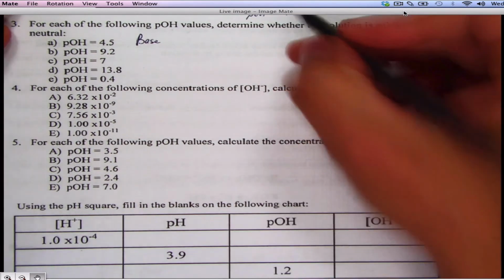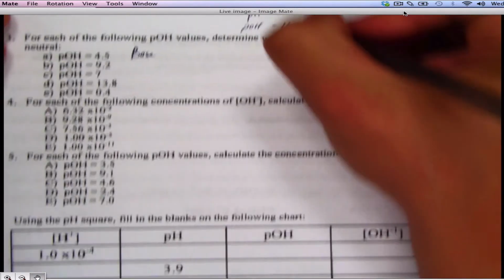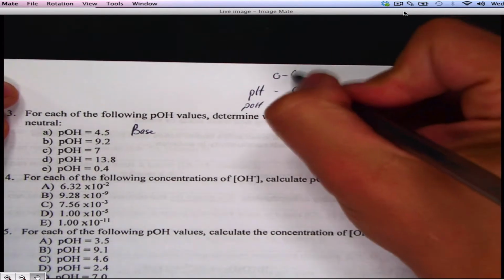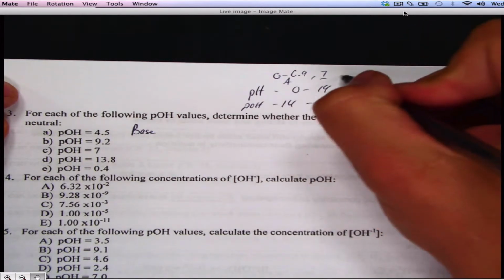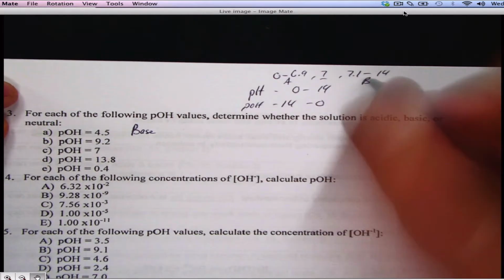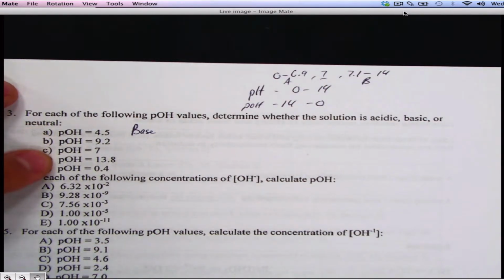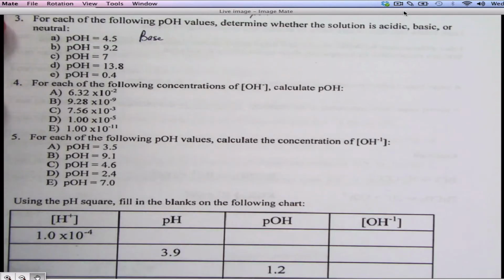Okay, because remember, our base on the pH scale, from 0 to 6.9, that's my acid, 7's neutral, 7.1 to 14 is my base. So change these to pH, and then you'll be able to tell right away. All right, and that's just 14 minus whatever that is.